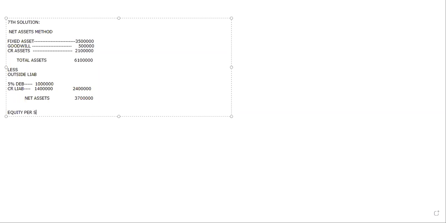per share is equal to equity amount available to equity shareholders divided by number of equity shares.